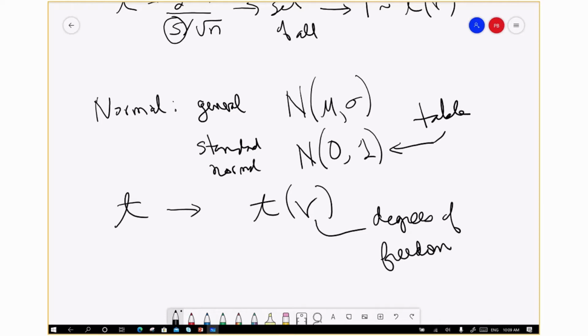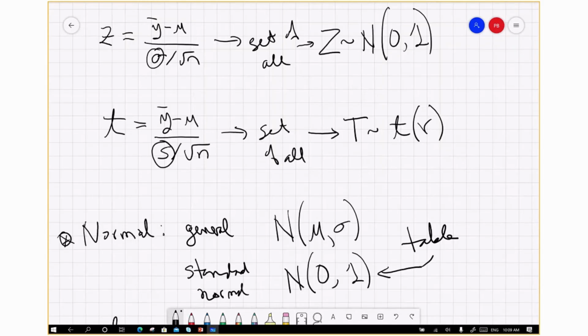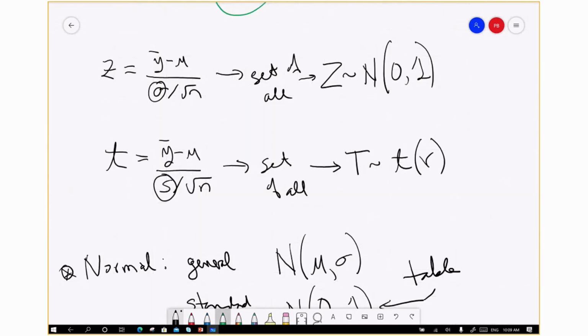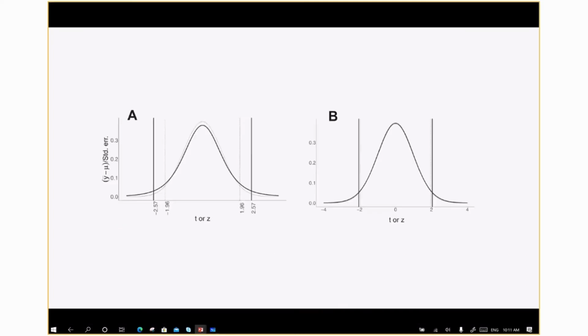So, in terms of comparing the t-distribution with normal distribution, one of the features of the t-distribution is that it's more variable, which is not surprising because the t-distribution has this value of s that's going to vary from one sample to another, whereas the z-distribution is going to have this value of sigma, which is a constant. So let's compare those two distributions.